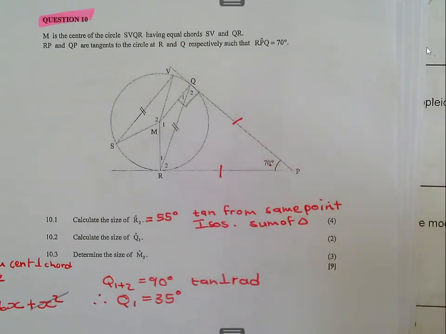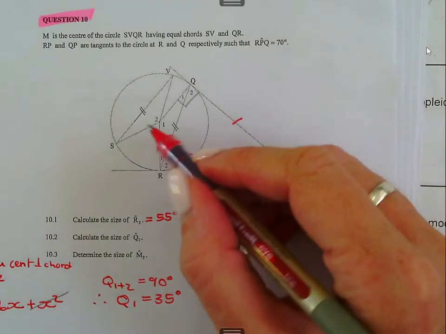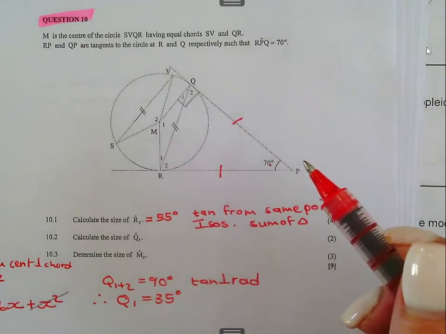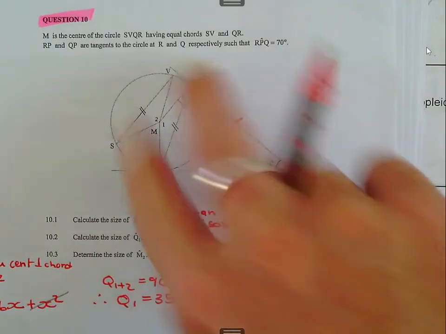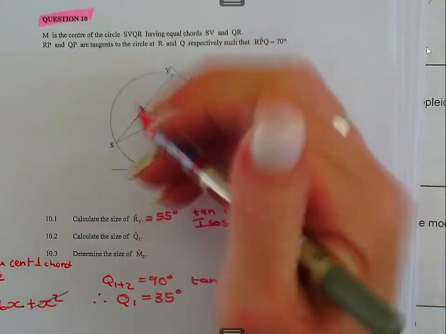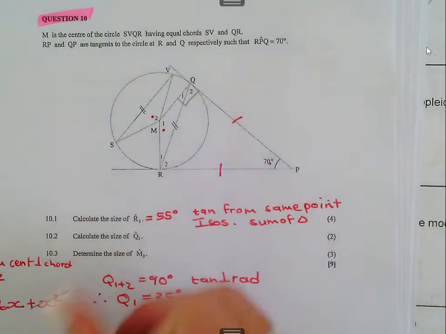Right, the next one is M2. On that page, we also spoke about it yesterday. You remember equal chords obtain equal angles? Then we said even if the angle is at the center, they're going to be equal. Got it. So that means that M1 and M2 are equal to each other.